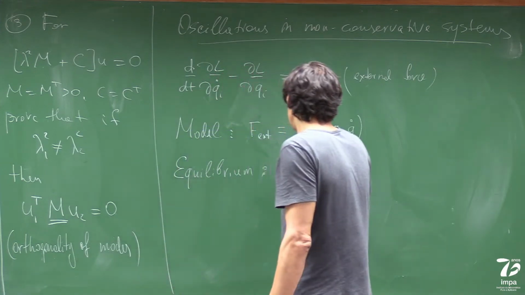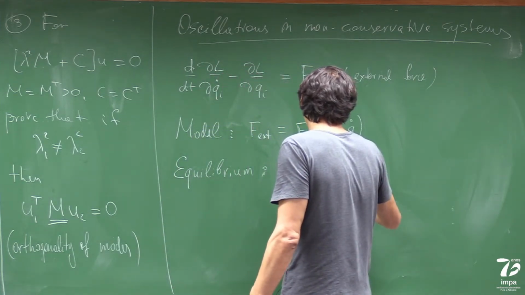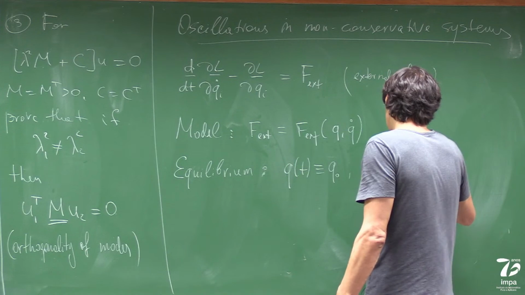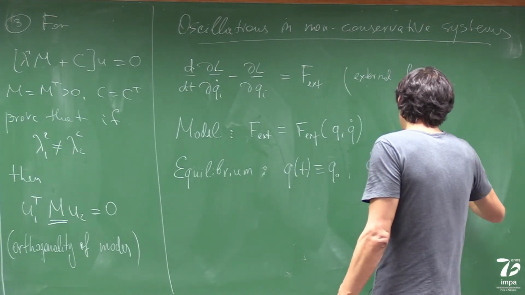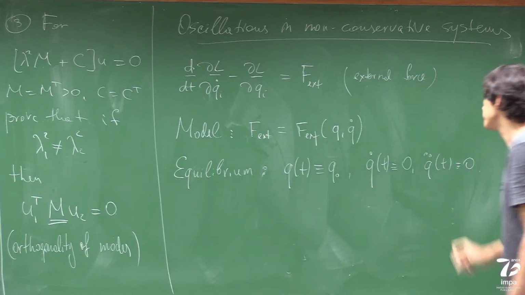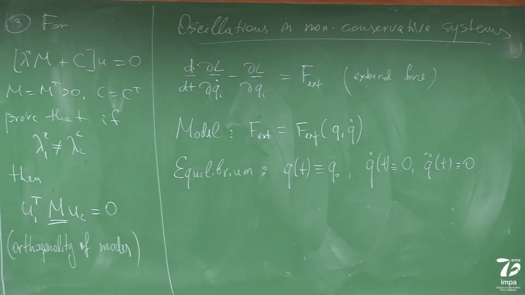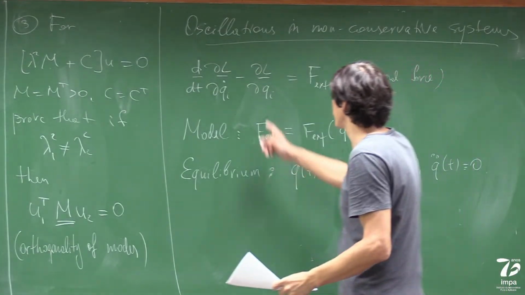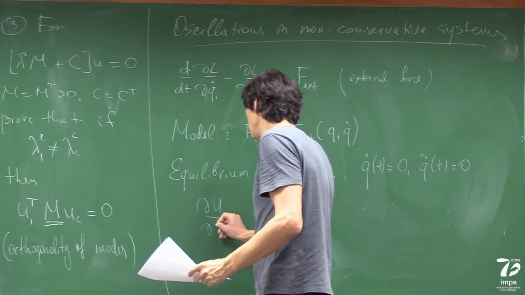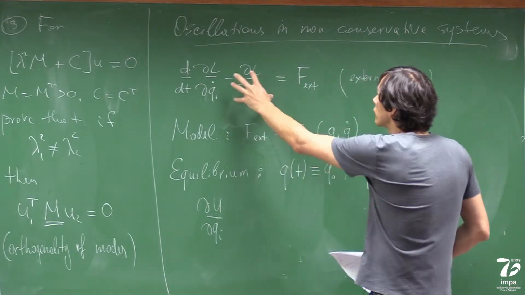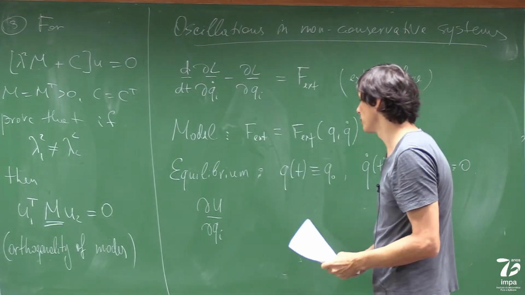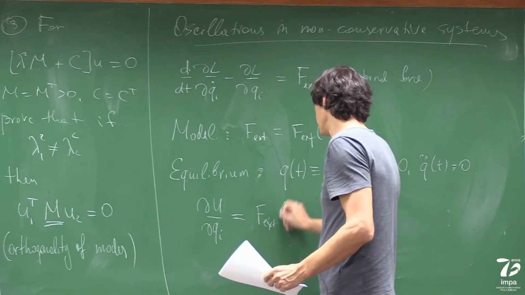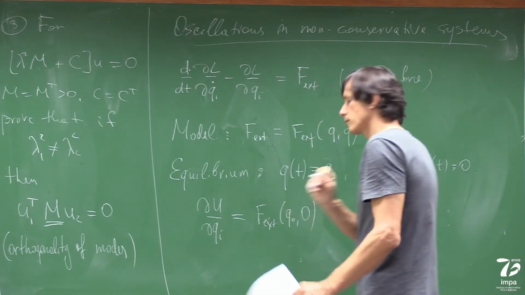An equilibrium is a solution which is constant. Again, we know that the derivative of the constant is 0, and the second derivative is 0. Whenever you substitute this into the left-hand side, everything disappears except for dU/dq_i. Before it was 0, so we knew that the derivative should be 0. But now the right-hand side is not 0. This is a condition.